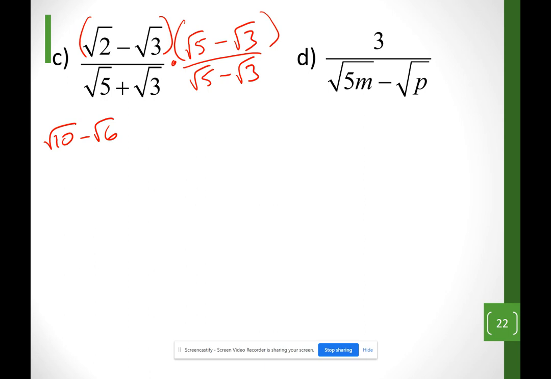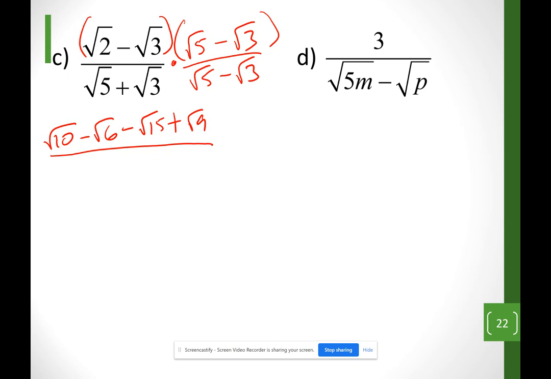Then let me distribute the negative radical 3. And that's going to give me negative radical 15 plus radical 9.